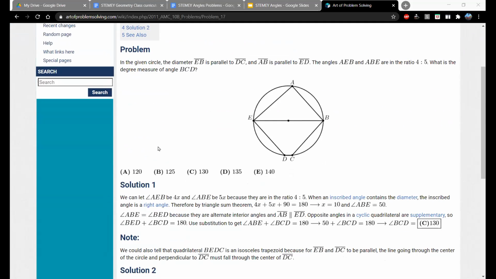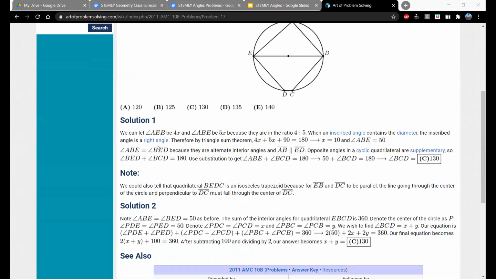Okay, nice. So here's the solution. Celine, do you want to explain how you got 130? Oh wait, this is a diameter, so this is 180.